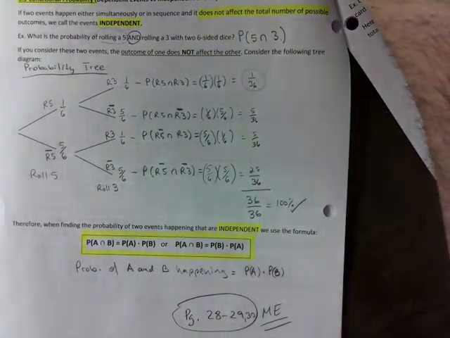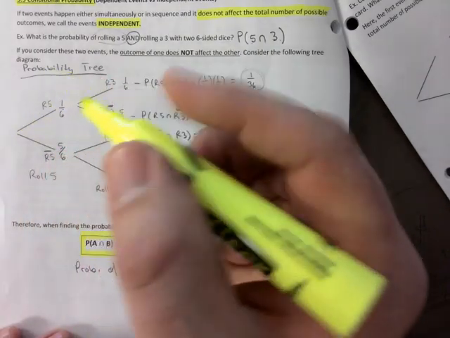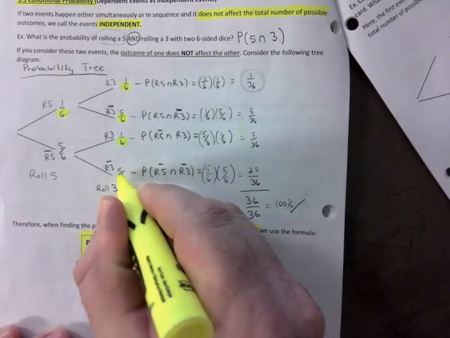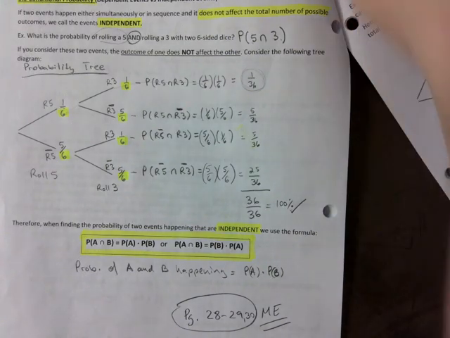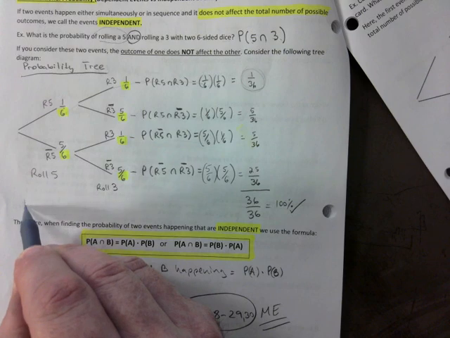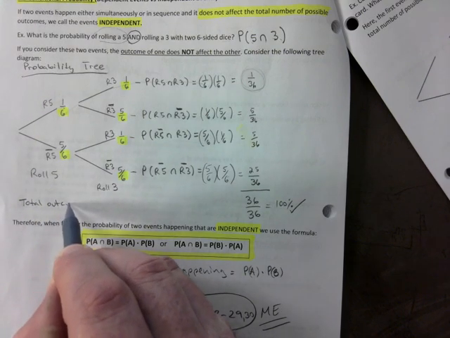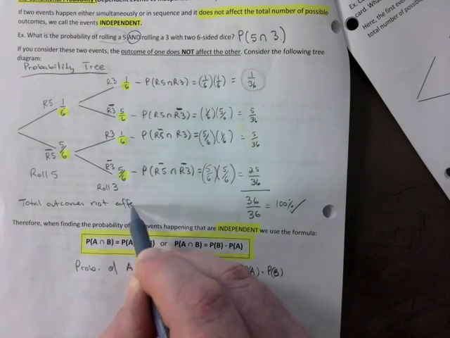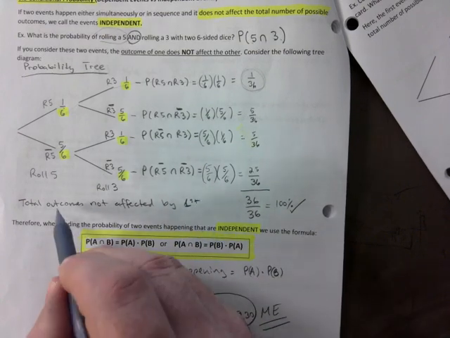One more thing here, guys. If you have a highlighter, I will ask you to make a distinct mark. Every single outcome is out of 6. Total outcomes not affected by first event.